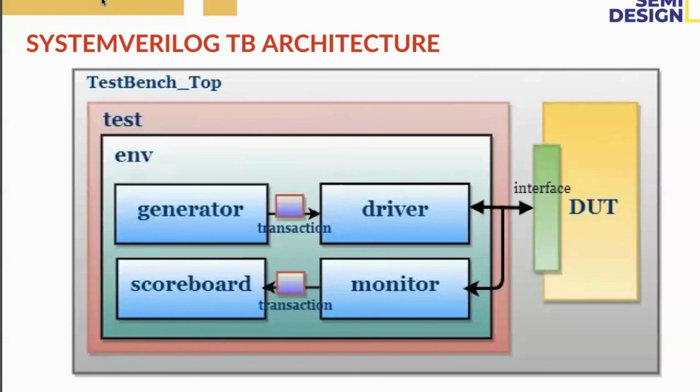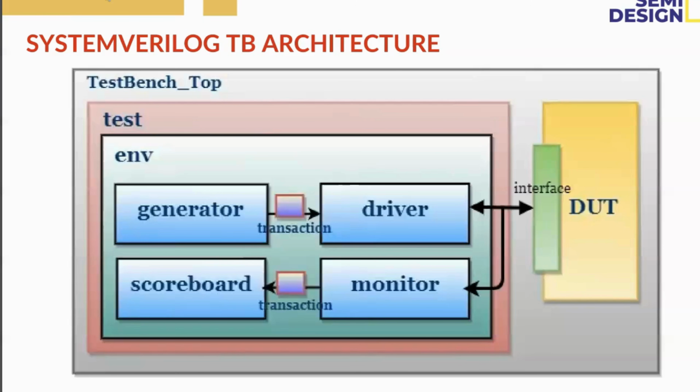We also have to monitor and capture the output the DUT gives after applying the stimulus, so we need the monitor. Then we also need a scoreboard to check whether the output generated from the DUT is correct or not based on our specification. Then all this is encapsulated within an environment.